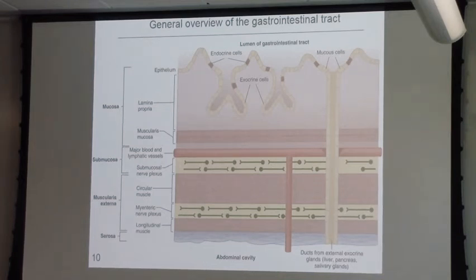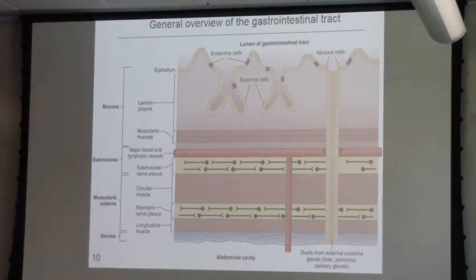And that patterning of contraction is done by two nerve nets. So nerves control the pattern of smooth muscle contraction. I didn't say, but these are all smooth muscles: muscularis mucosa, circular muscle, longitudinal muscle. It's all smooth muscle.